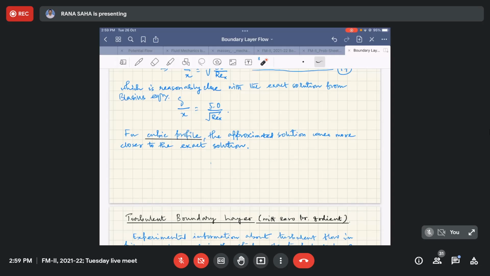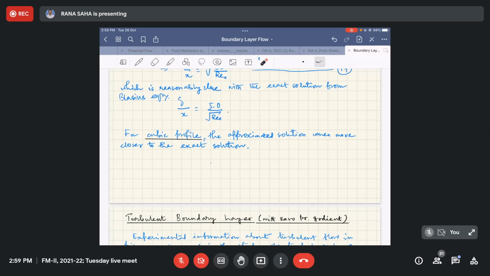So you need an expression of delta in terms of x, and of course other parameters characterizing the flow. Here the Reynolds number is also a function of x. So we have another methodology, which gives an exact solution for flow over a flat plate. But that is beyond the purview of our syllabus. That leads to a solution known as the Blasius solution.